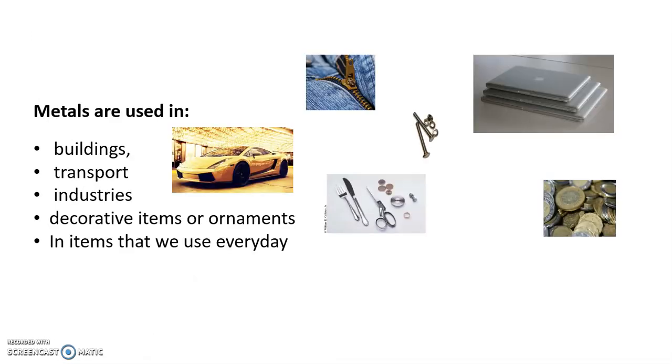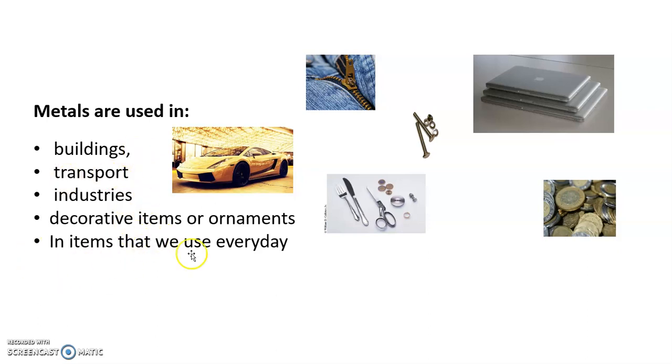Okay, so metals are used in a lot of industries. You'll find metals in the building industry, in your transport industry, in industries themselves, and then you're going to find metals used for decorative items or ornaments, and in items that we use every day. So it's very important that we look after our metals.